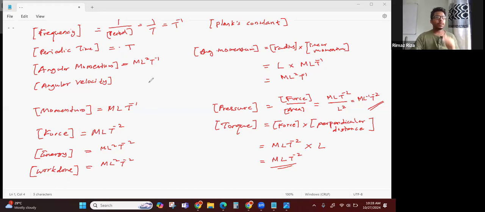And angular velocity. The angular velocity is given by v equals r omega, so omega equals v over r. Angular velocity is velocity divided by radius.